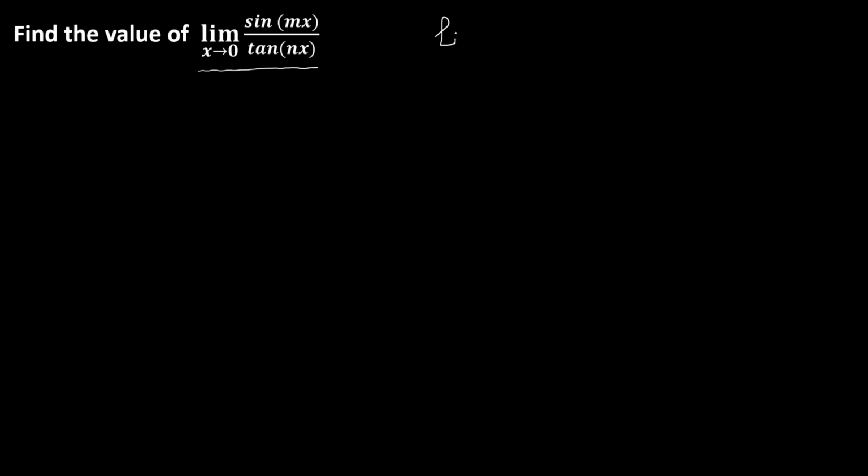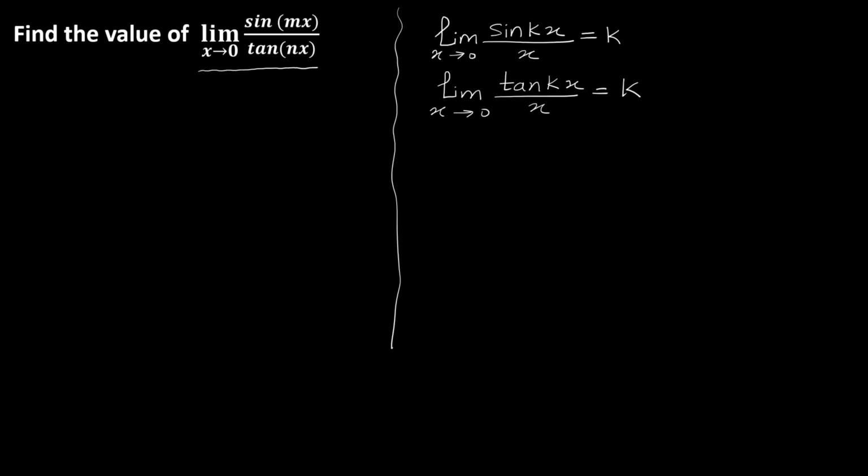We know that our formulas are limit x tending to 0 of sine kx divided by x is k, and limit x tending to 0 of tan kx divided by x is k. This is kind of a side note. These are the two formulas that I know.